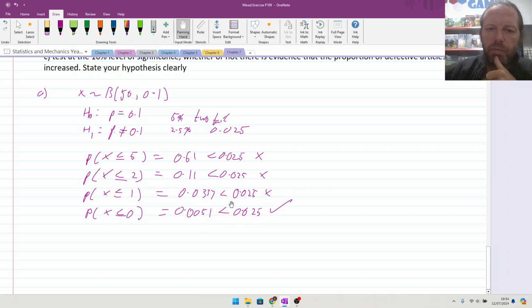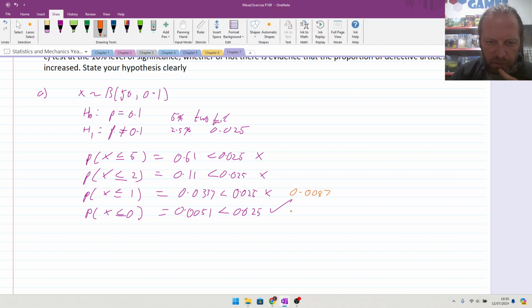And when we look at this one here, where X is less than or equal to 1, when you do 0.0337 take away 0.025, the difference between them is 0.0087.